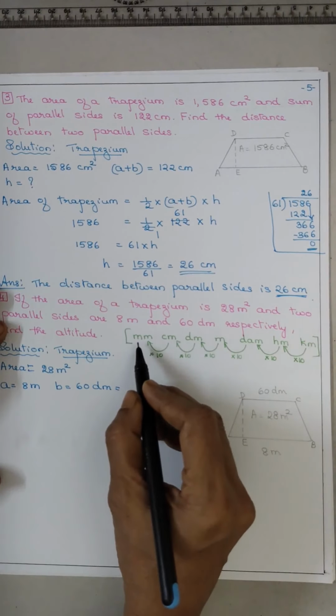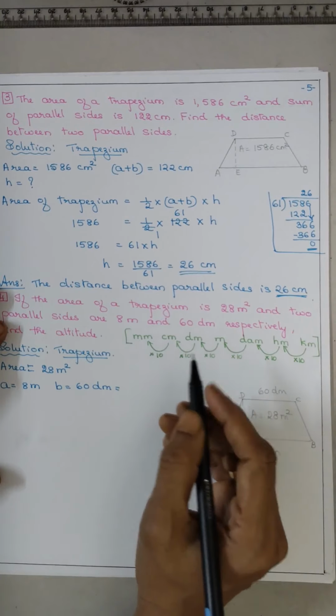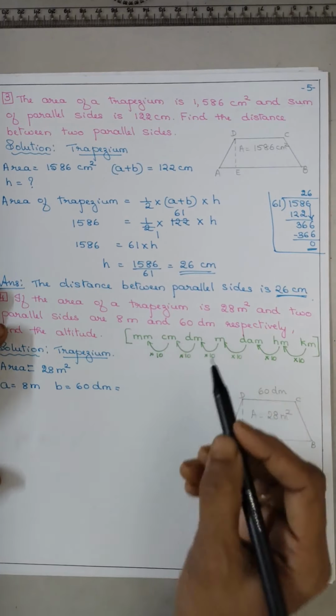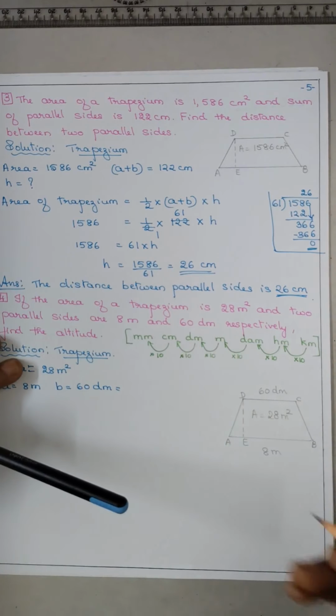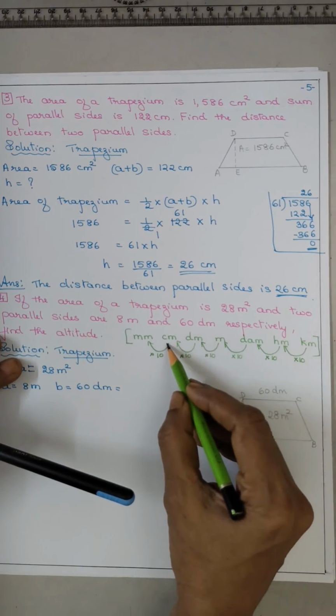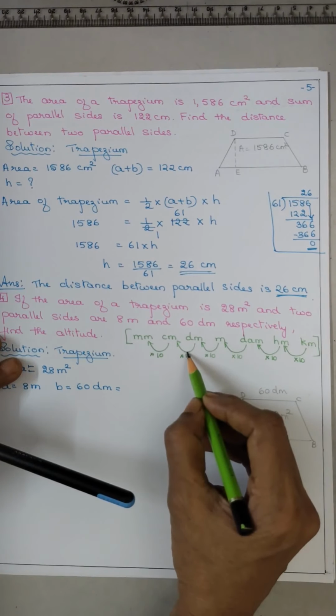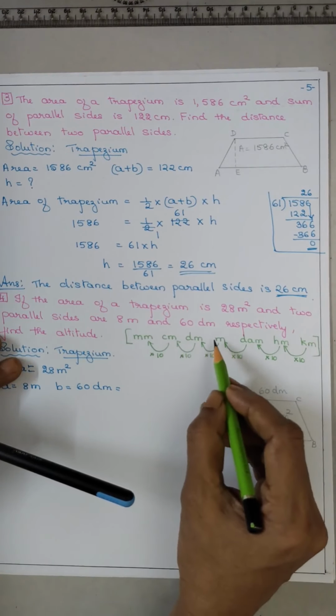1 centimeter is equal to 10 millimeter. Now the other one you remember, 1 meter is equal to 100 centimeter. Why? 10 into 10, 100, isn't it?